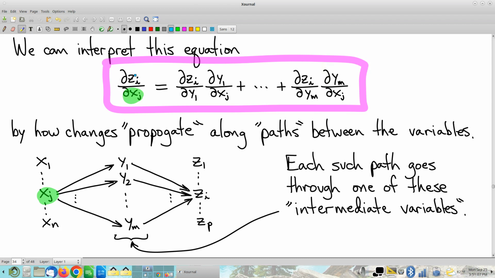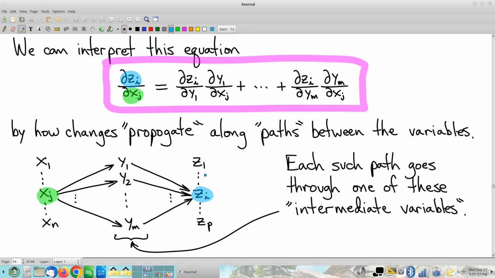I want to keep track of how zi is changing. Roughly speaking, the big idea here is that as xj changes, if you change this variable, that's going to cause y1 to change. It's also going to cause y2 to change. Blah, blah, blah down the line.